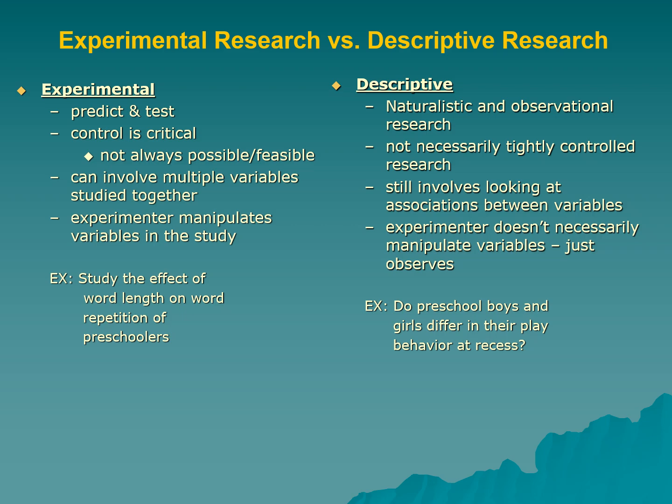The other side is descriptive research. It's a kind of naturalistic and observational research. This kind of research is not necessarily tightly controlled. However, it still involves looking at associations or relations between variables. The experimenters don't necessarily have the ability to manipulate the variables.